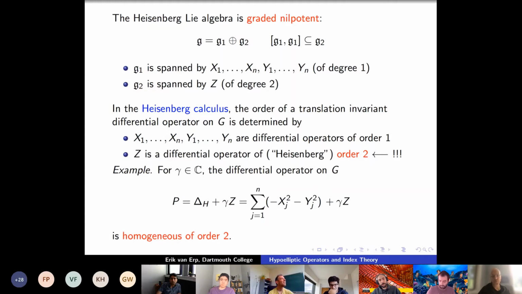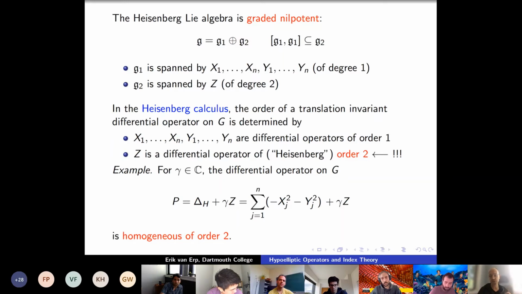So here's just an example, and I'm going to stick to this one because I wanted one example, so it's not too abstract. If you take the sublaplacian and you add what normally would be a lower order term, just Z, not Z squared, with a coefficient, and again I allow complex numbers, then the important idea of Stein is that Z should be included in the Heisenberg calculus in the highest order part of the operator.